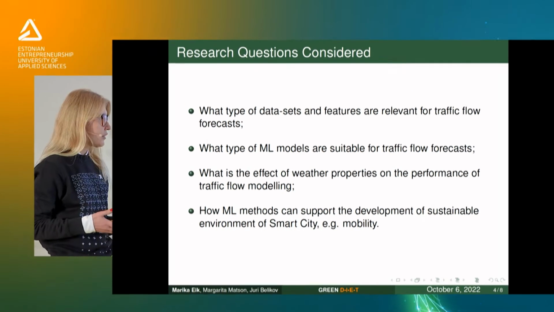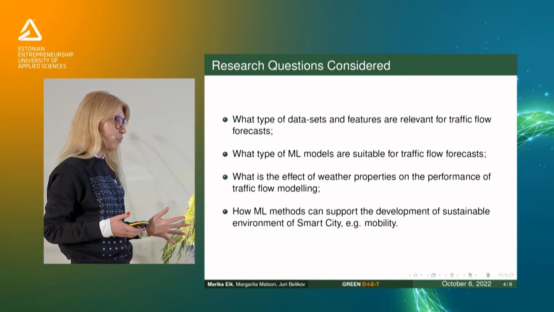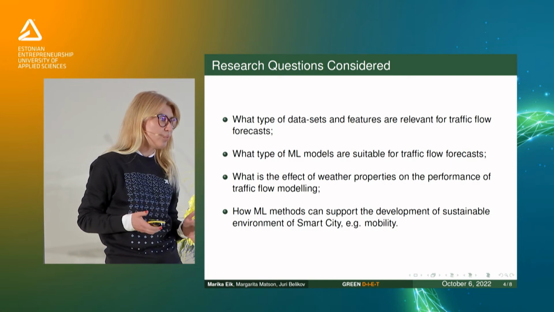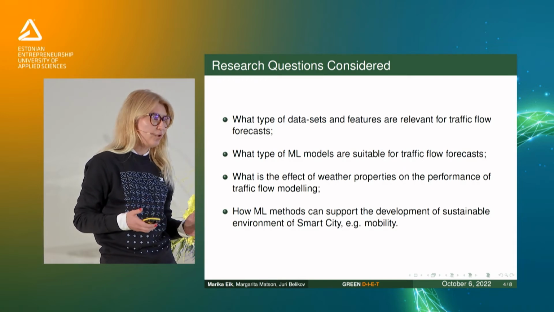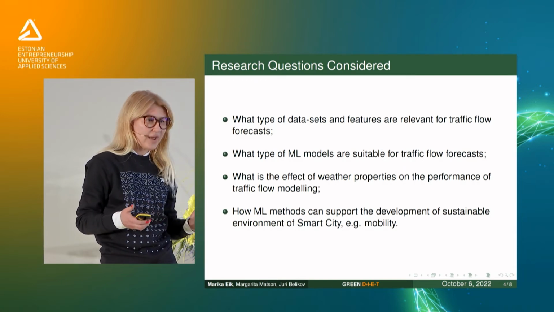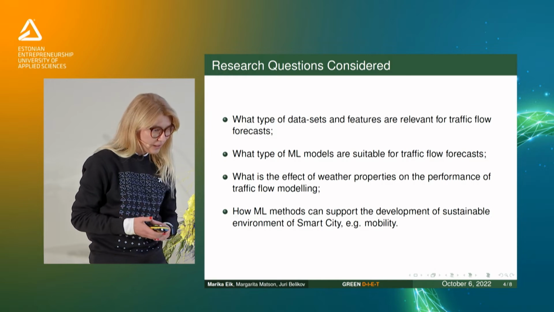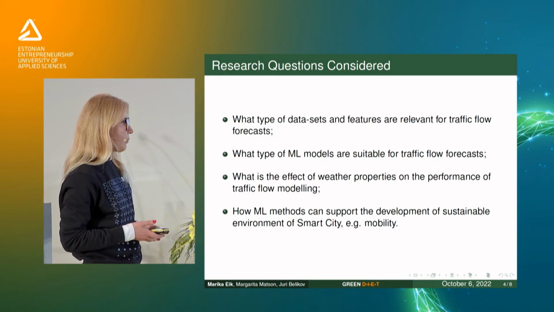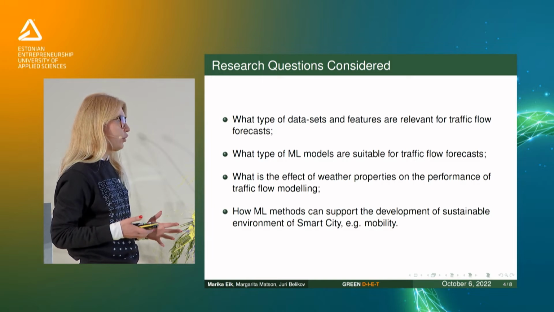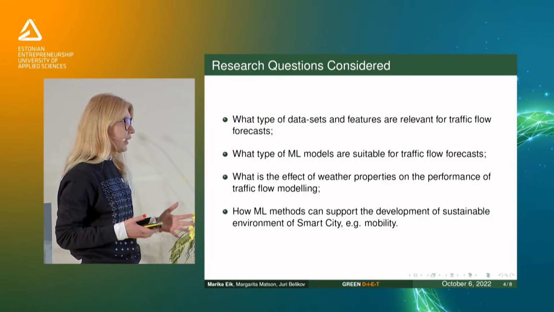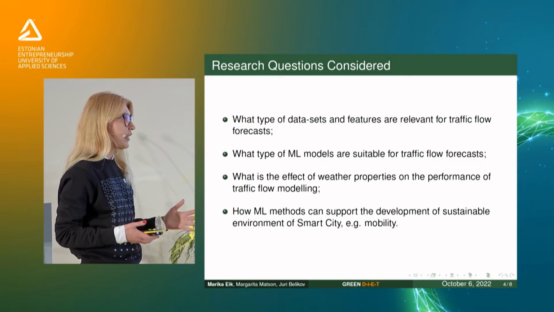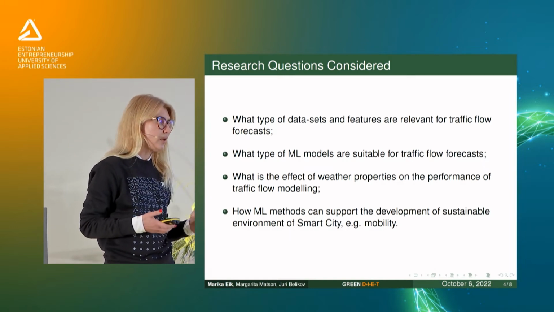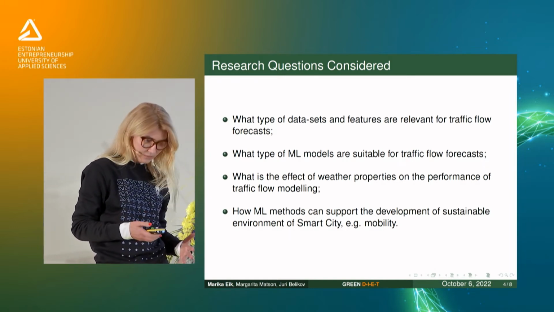The next was how the weather properties, and what kind of special weather properties, are relevant, for instance, for the cars, for the vans, or for the light traffic. And last is how the application of machine learning methods and the results received can be used in concrete use cases.